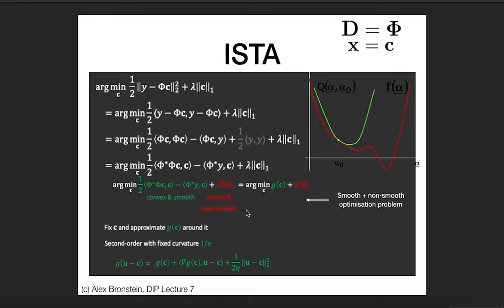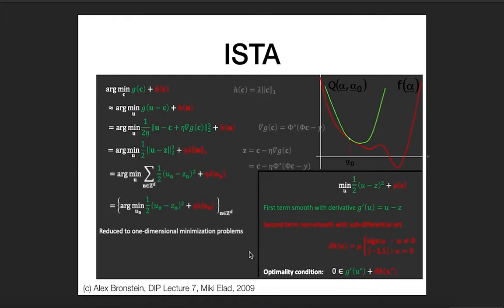That's our goal. Since we expand it around C, we can write it this way, and eta is the curvature, which is basically this point. When you differentiate twice, you get the curvature, so 1 by eta.